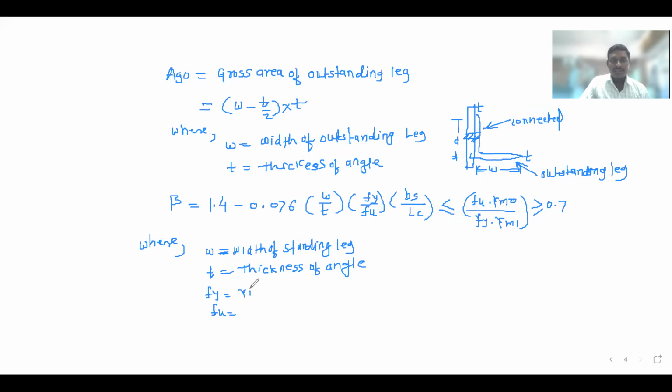Fy is the yield strength and Fu is the ultimate strength, the ultimate tensile strength. So what is the next unknown?